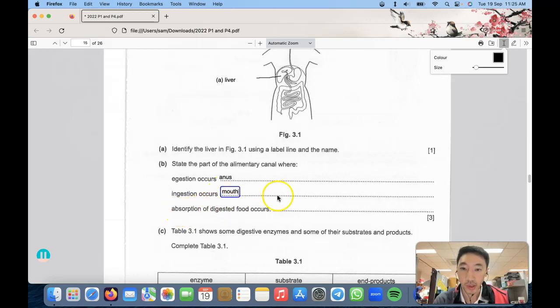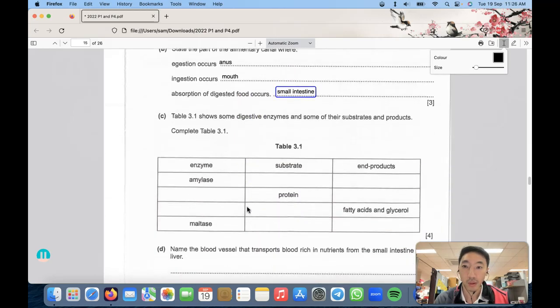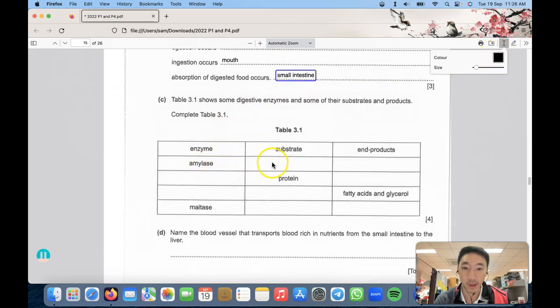Where do you absorb digested food? In your small intestine. Oh gosh, my spelling. Okay, table 3.1 shows some digestive enzymes and some of their substrates and products. Complete table 3. Amylase is found in the mouth as well as the pancreatic juice, so it works on starch.